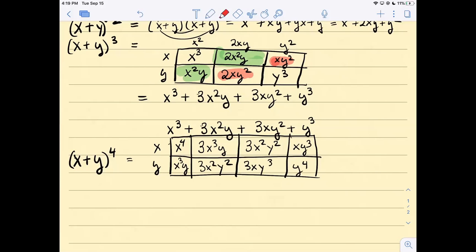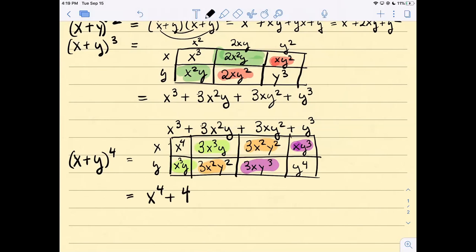And you'll notice another pattern here. We've got some similar terms here, some similar terms over here, and some similar terms over here. So combining everything, what you're left with is x to the fourth plus the x cubed y terms combined.